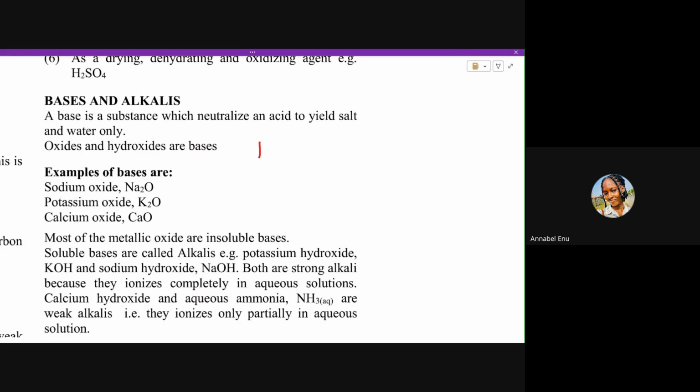For example, sodium hydroxide, when it is dissolved in water, we will get sodium ion and the OH group. It's just like acid, but this time around, acid is hydrogen ion that is being produced when it's dissolved in water, but base is the hydroxide ion.